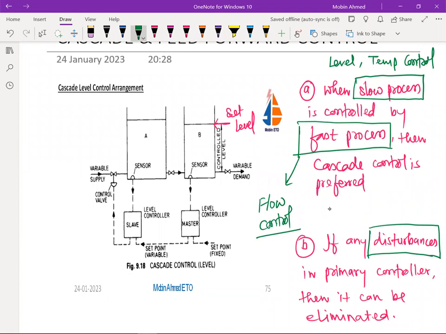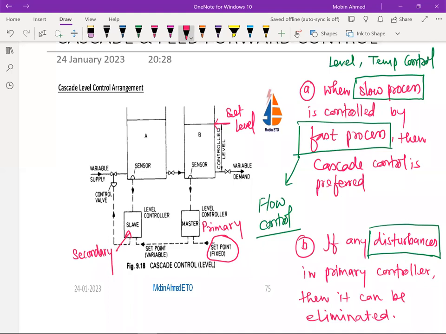Now there is a certain thing that we should know in this cascade control. And here, if you see, it is given here that set point is going to be always in the primary control. Master control is also known as a primary control, and the slave is known as a secondary control.